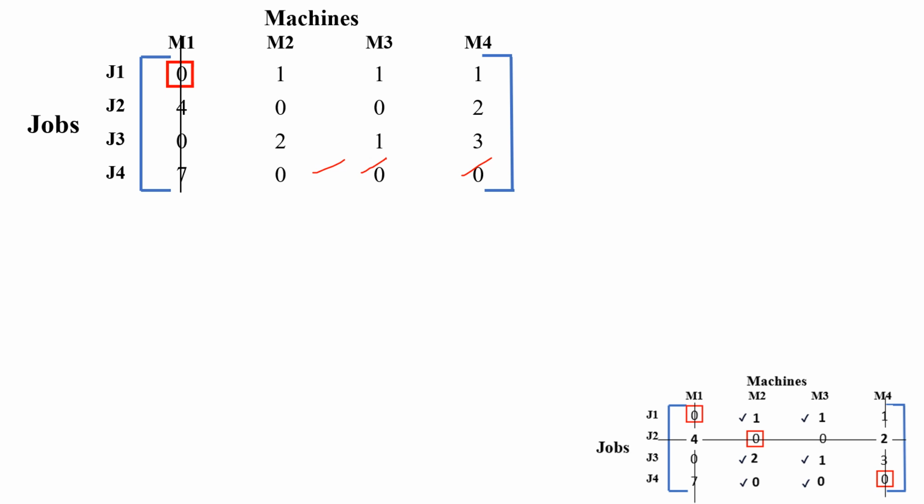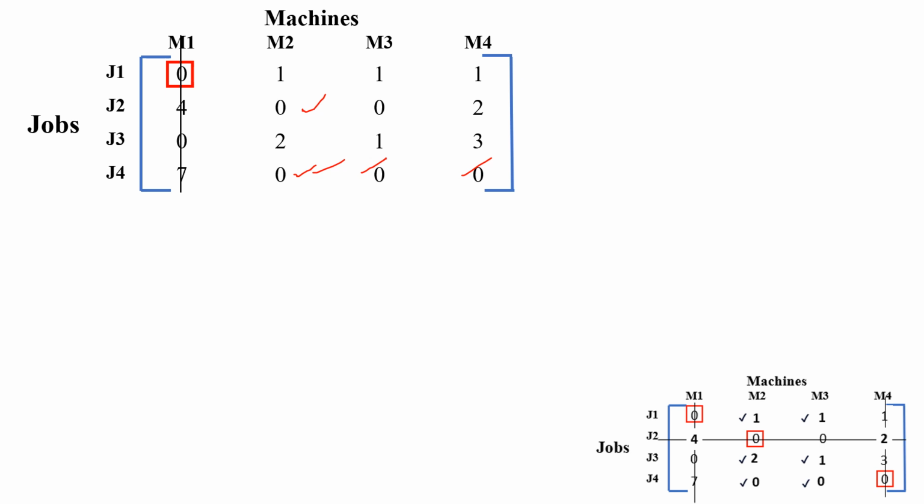After scanning the last row, all the zeros are still not covered with lines. So we go for the column scanning. Here, the first column is already covered by the row scanning and the second column has more than one 0, so I skip the second column.